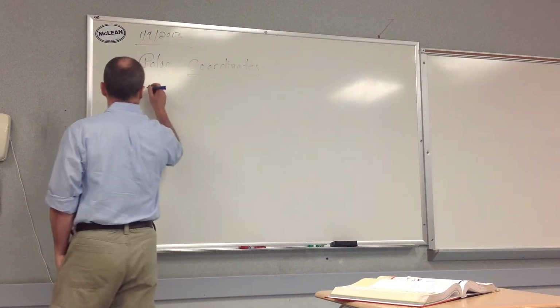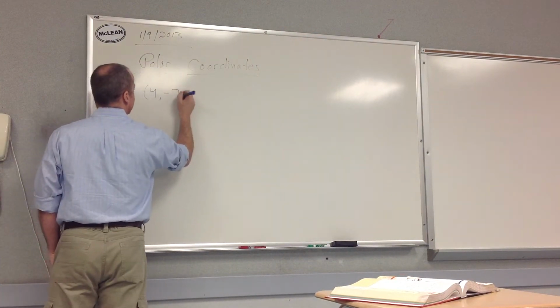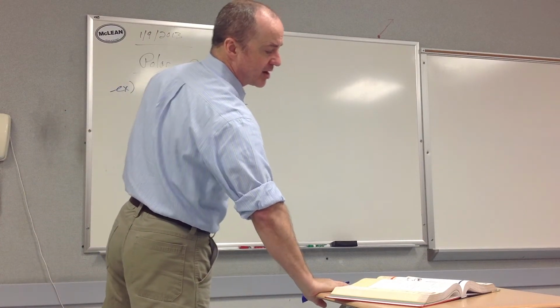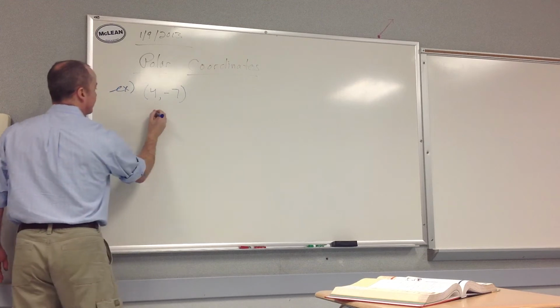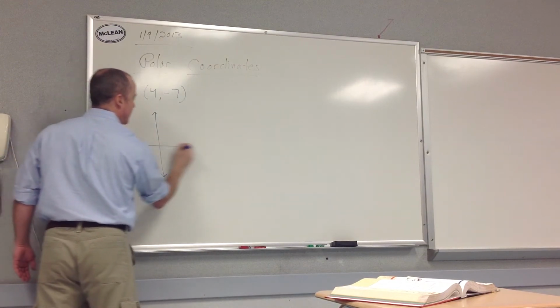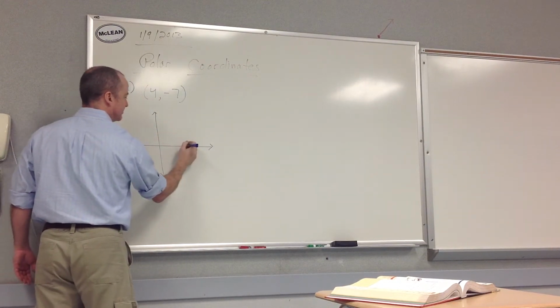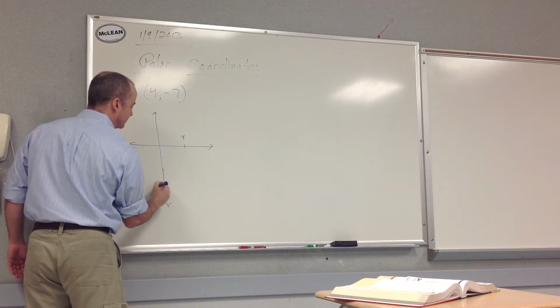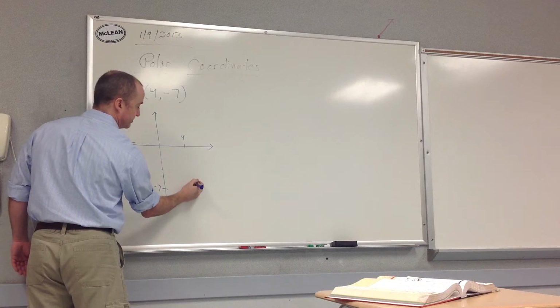Another example. 4 comma negative 7. So we're looking at a point in quadrant 4. I'll go over to 4, down to negative 7.